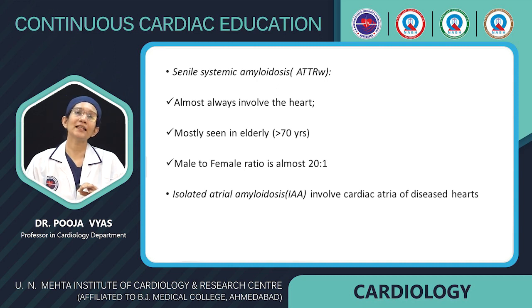It is mostly seen in patients more than 70 years old. Male to female ratio is almost 20:1, and there is also isolated atrial amyloidosis, which typically involves the atria of the diseased heart.